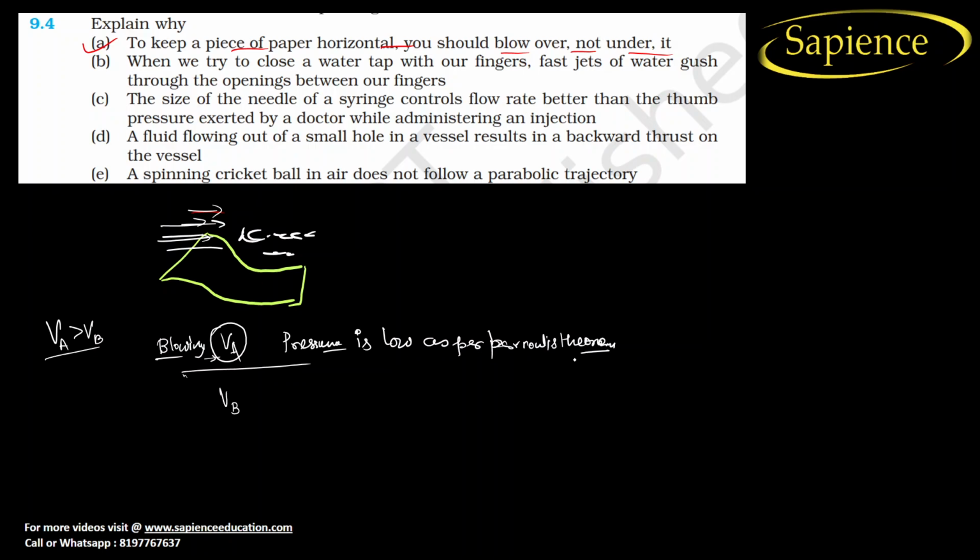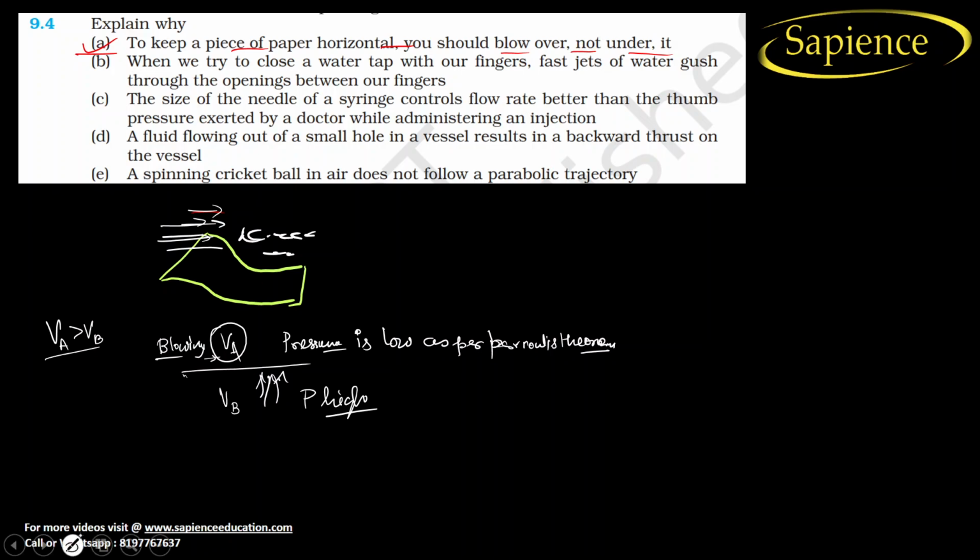So if the pressure above is low and the pressure below is high, it will try to lift the paper. That is why, to keep a piece of paper horizontal, one should blow over it, not under it.